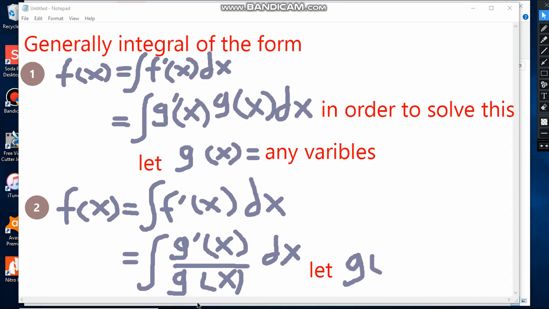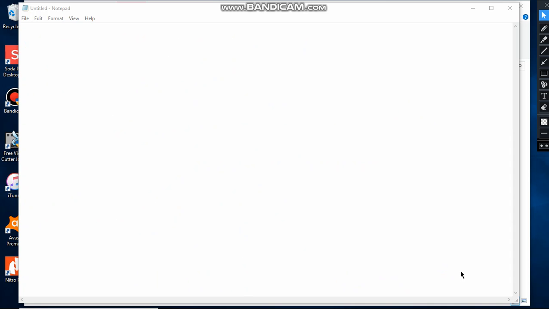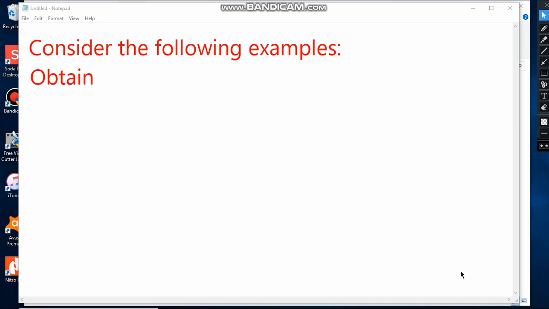In this kind of expression also, we let g of x be equal to any variable. So, to understand more about this technique, let's consider the following examples.